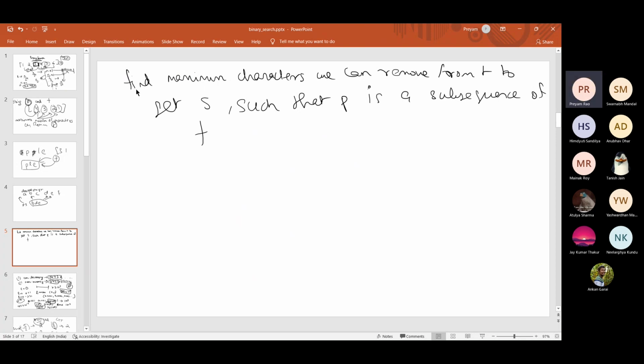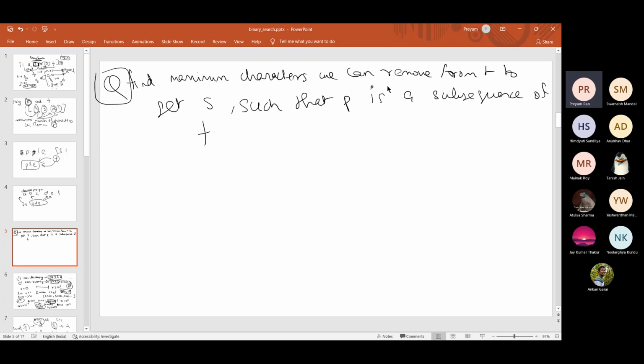This we can simplify the question like this. We need to figure out the maximum characters we can remove from T to get S such that P is a subsequence of S. Now we are removing the numbers according to the array AR, which is a permutation.